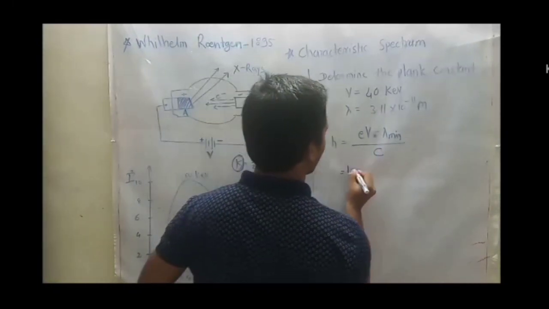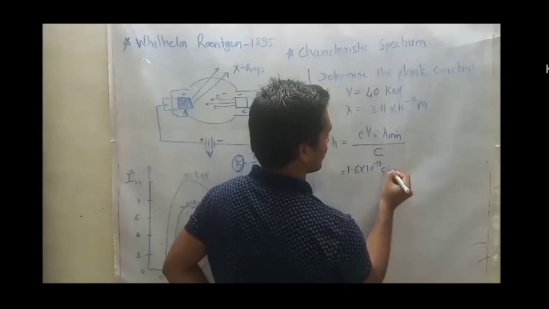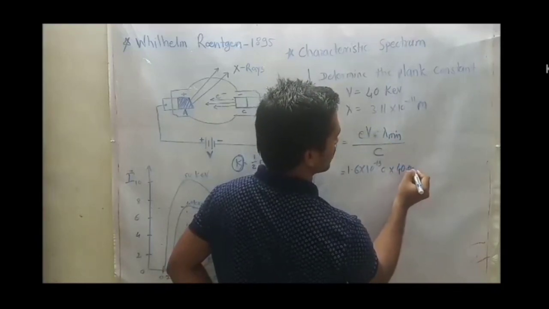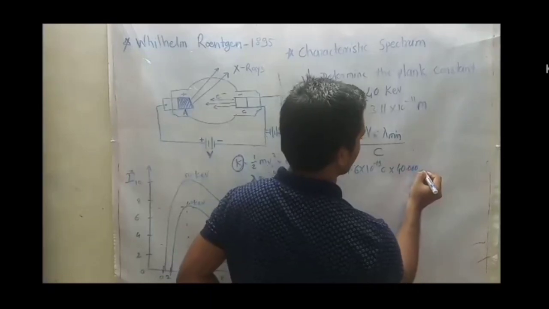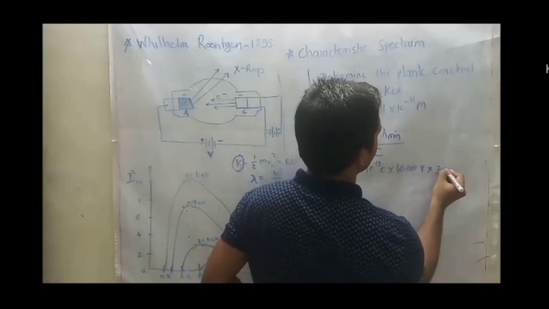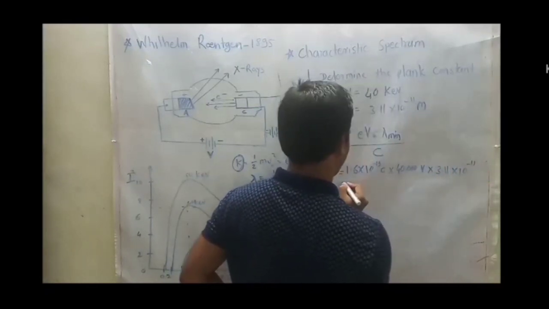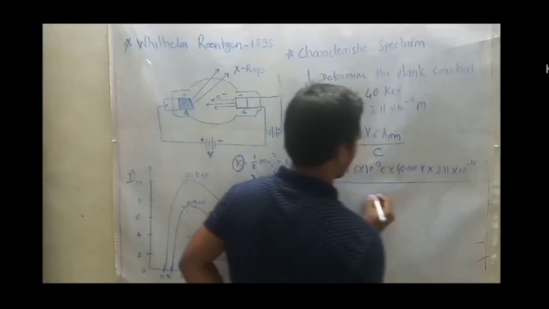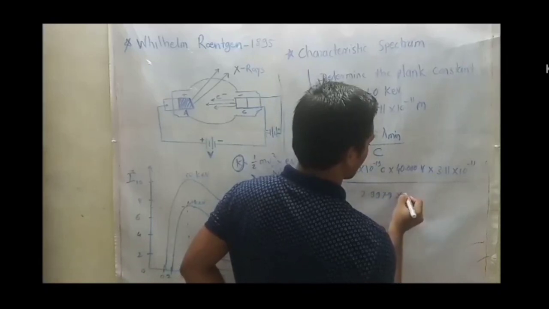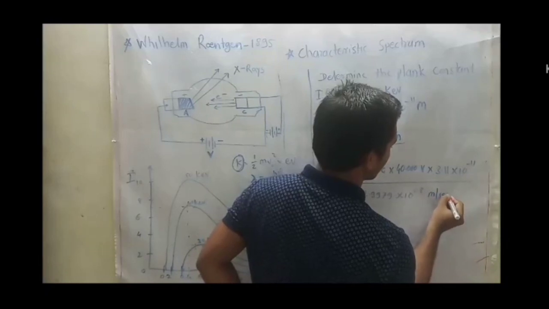This equals 1.6 into 10 raised to minus 19 coulomb, potential equal to 40,000 volt, into lambda minimum 3.11 into 10 raised to minus 11, divided by 2.9979 into 10 raised to plus 8 meter per second.